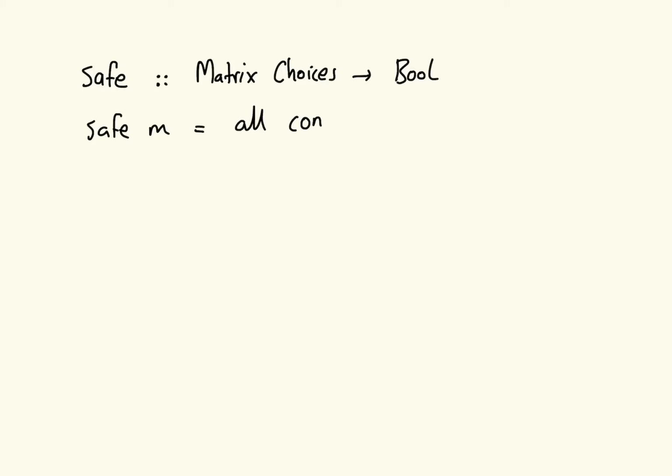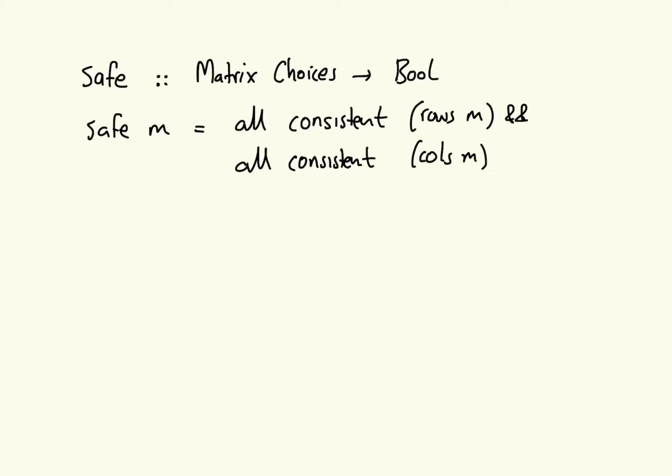I'm just going to say if all the rows are consistent, so no duplicate single entries, and all of the columns are consistent, and finally all of the boxes are consistent.